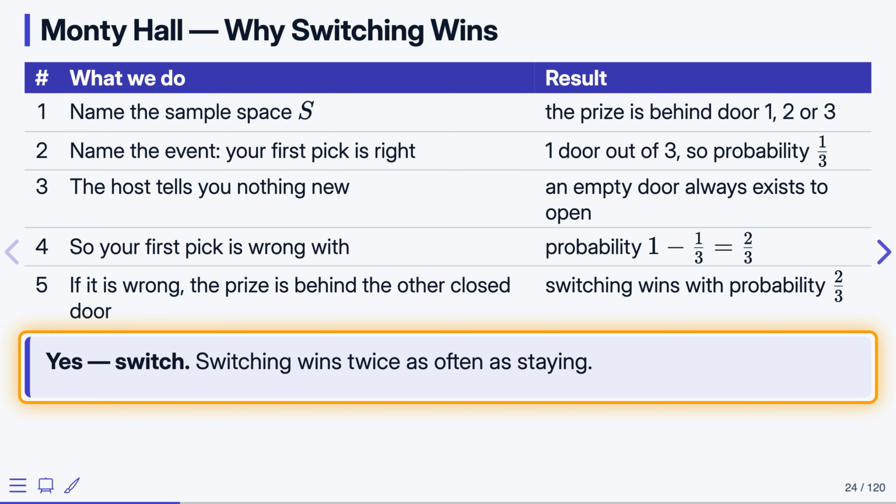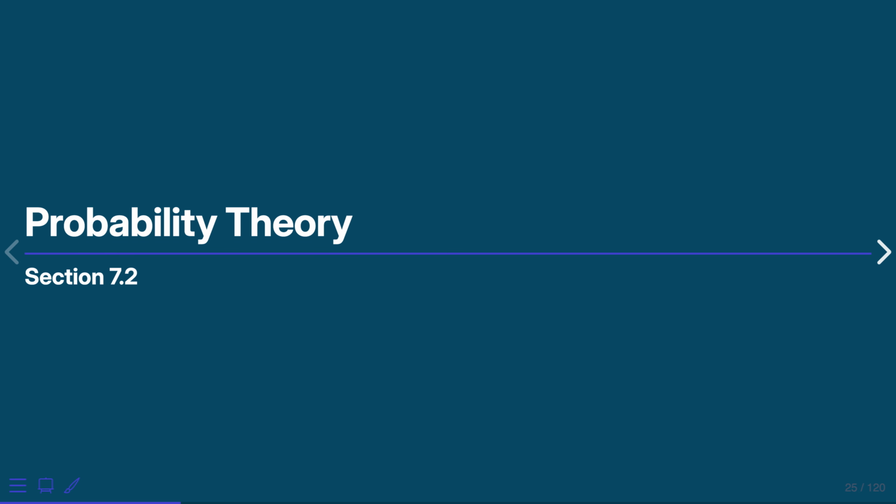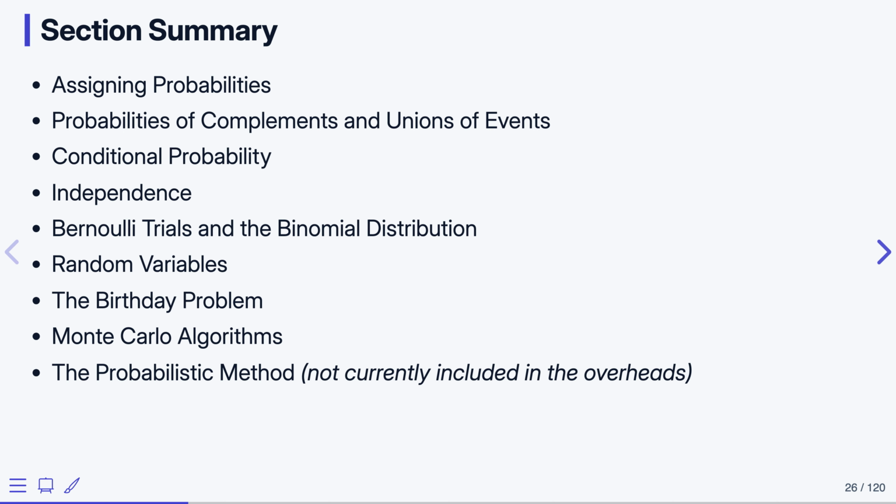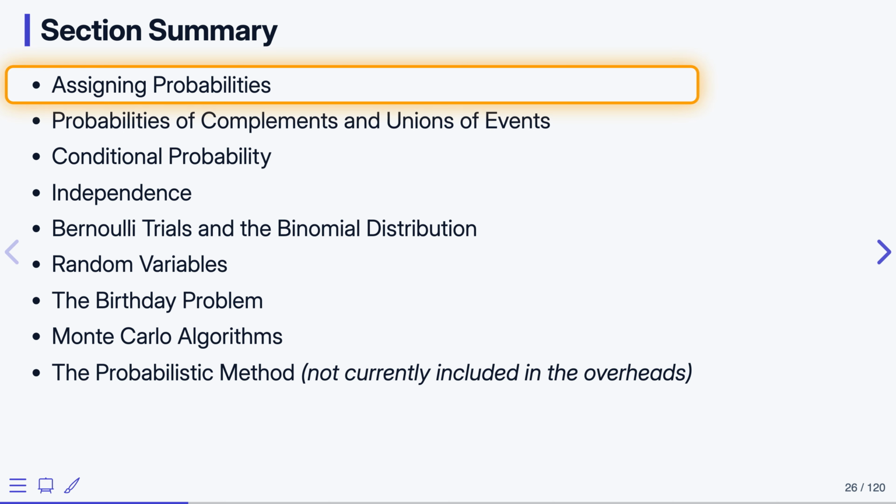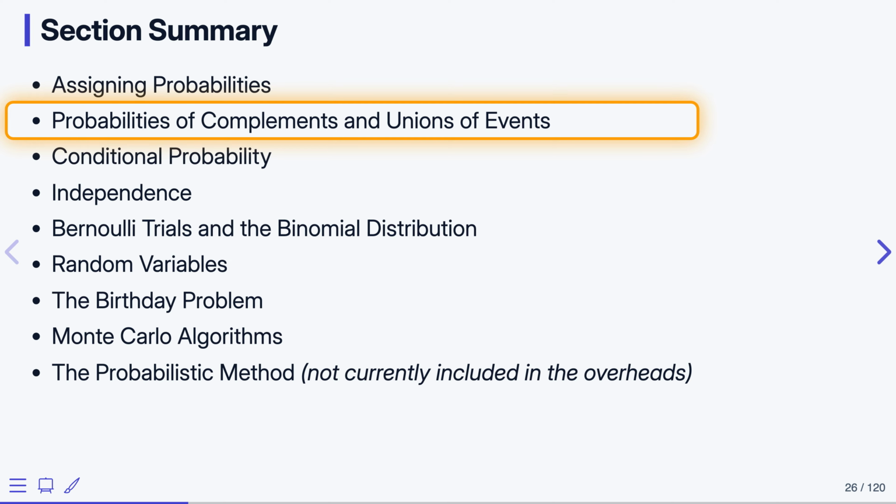Now we turn to the second section. Here we make probability more general, so that different outcomes may have different chances. This is the plan for this section. We start by assigning probabilities in a general way. Then the rules for complements and unions, which still hold.